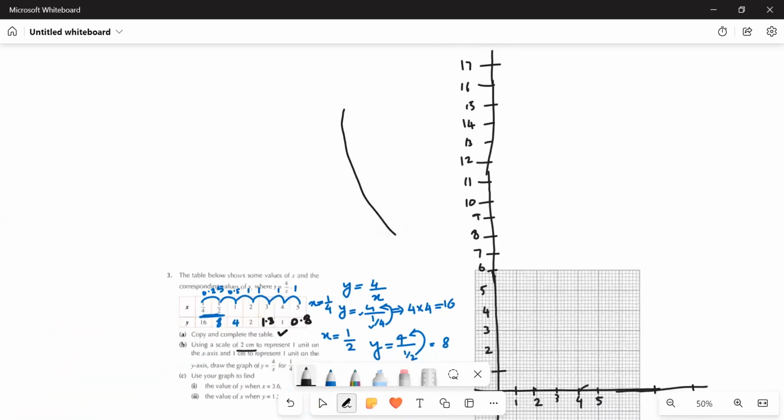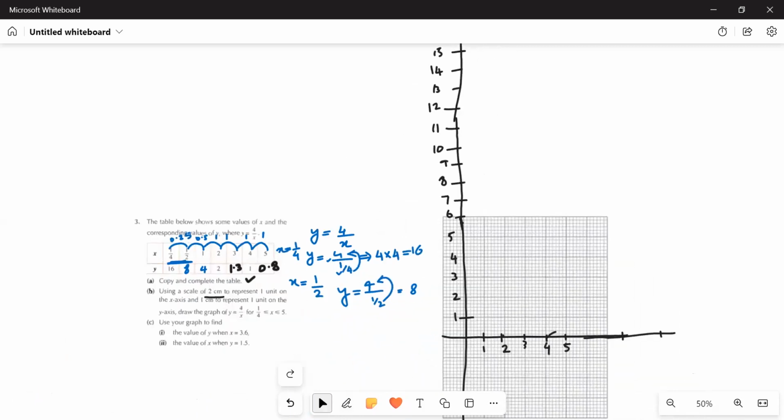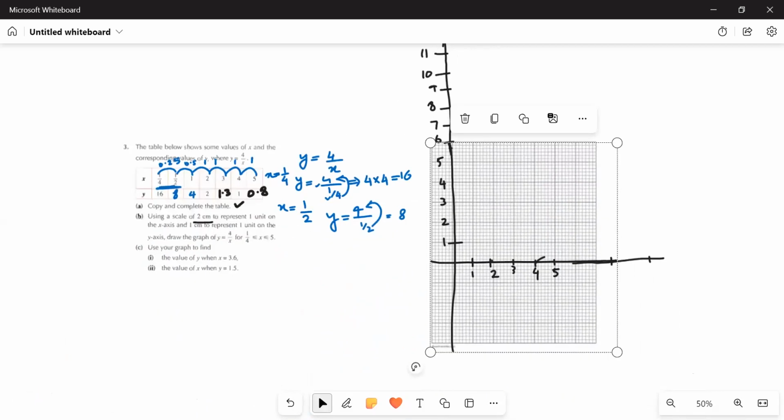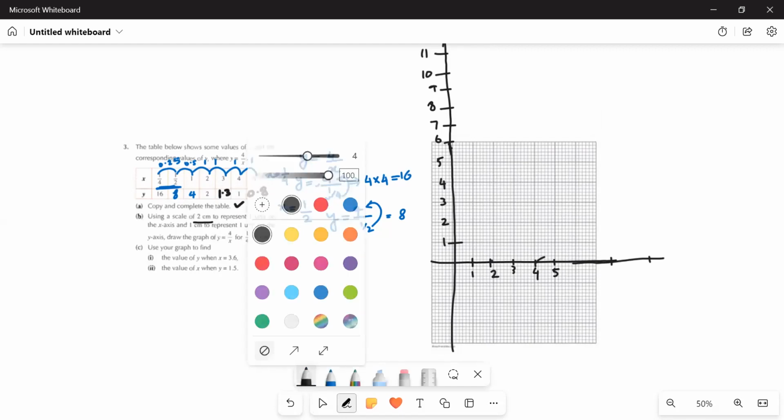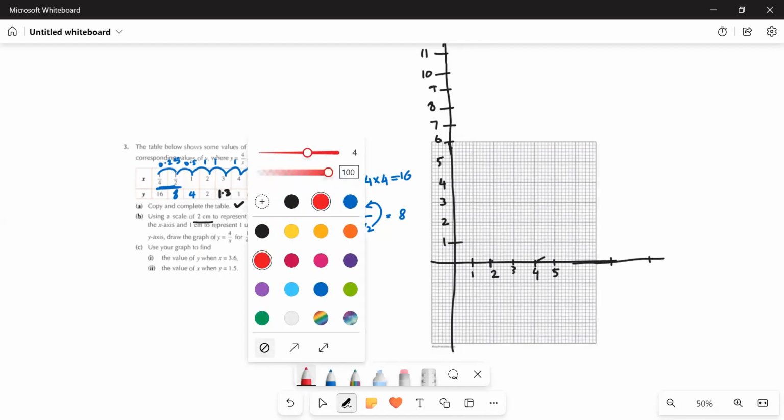Okay, 1 by 4. So 1 by 4 means, sorry, 1 by 4 means 0.25. So if we make 4 parts from 0 to 1, then 0.5.